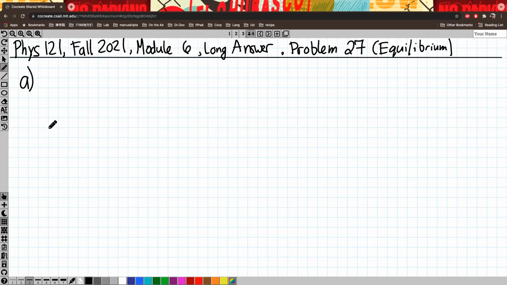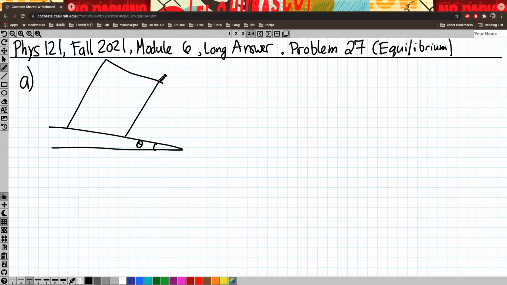So we have this angle. We have the fridge, and it's got this width of W, height of H, and mass of capital M. And the center of gravity is L from the middle. These are the 4 legs.